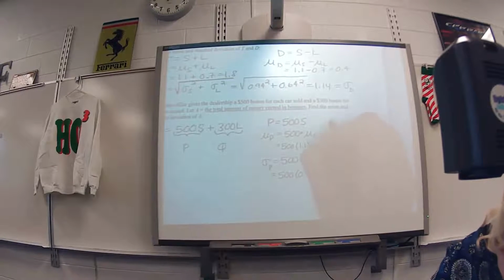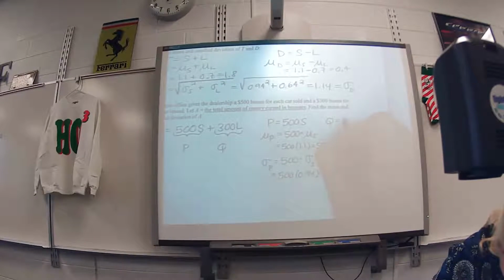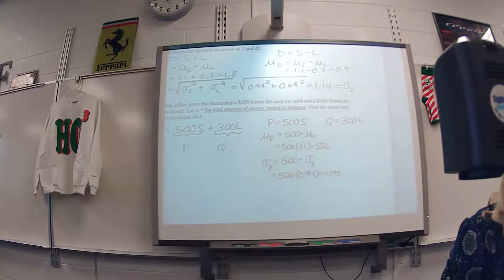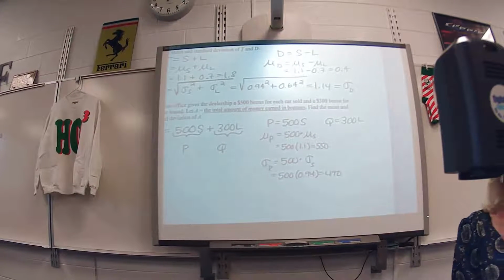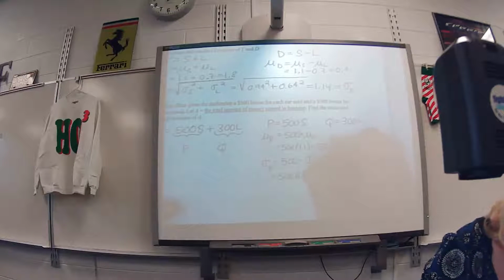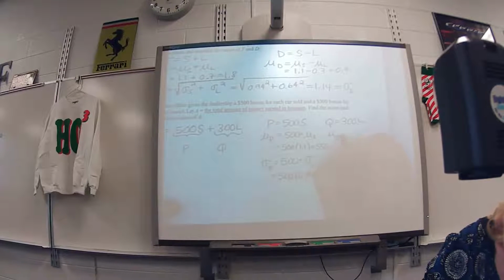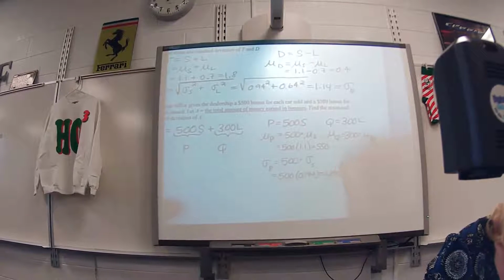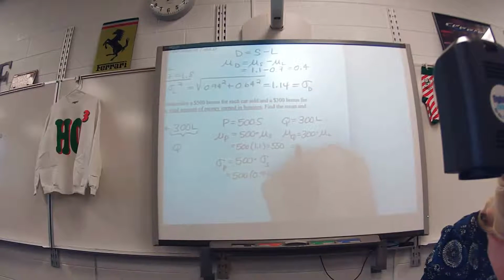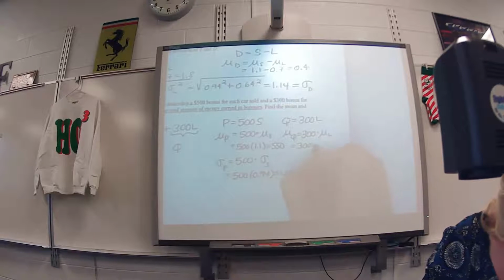So over here, I'm going to say Q is being defined as 300 times L. And again, that by itself is a transformation. So I can figure out the mu for Q by doing 300 times the mu for L, which would be 300 times the 0.7 from up above.